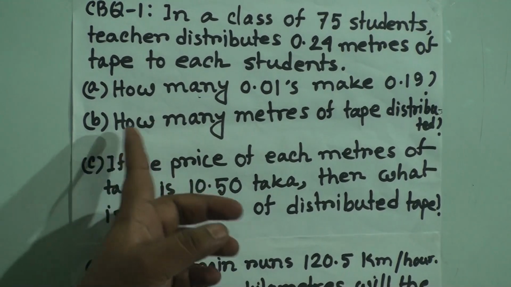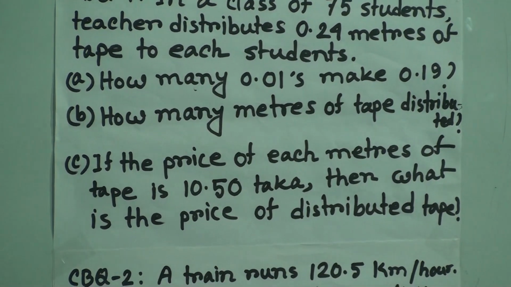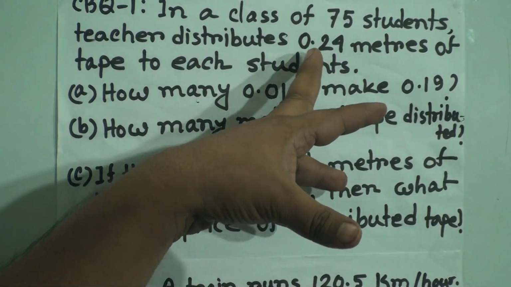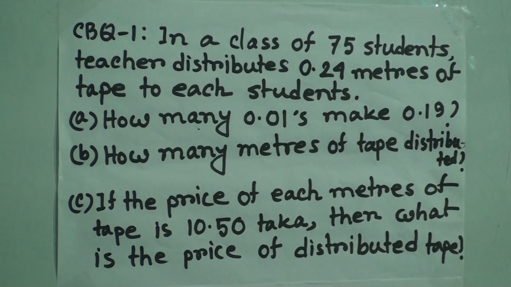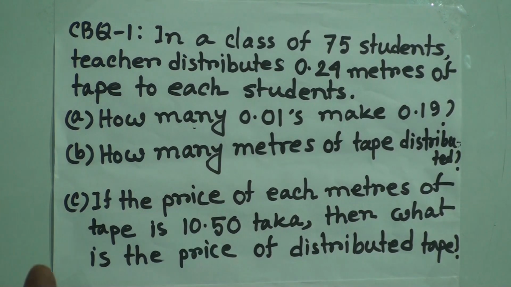Next, question number B, how many meters of tape are distributed? That means one student gets 0.24 meters of tape, but now we find out how many meters of tape 75 students get, and that will be the required amount of distributed tape. I hope you have understood.